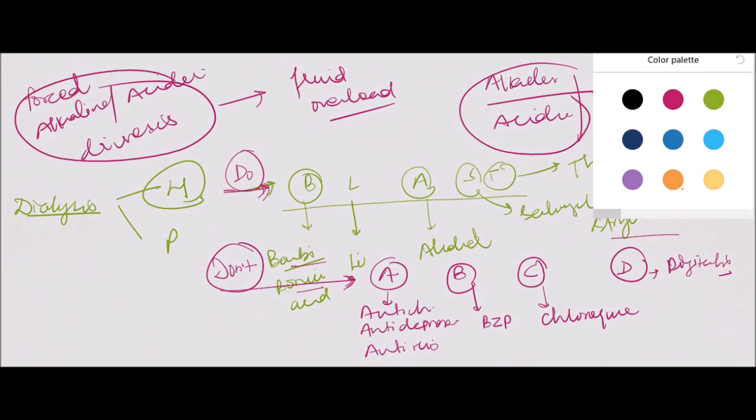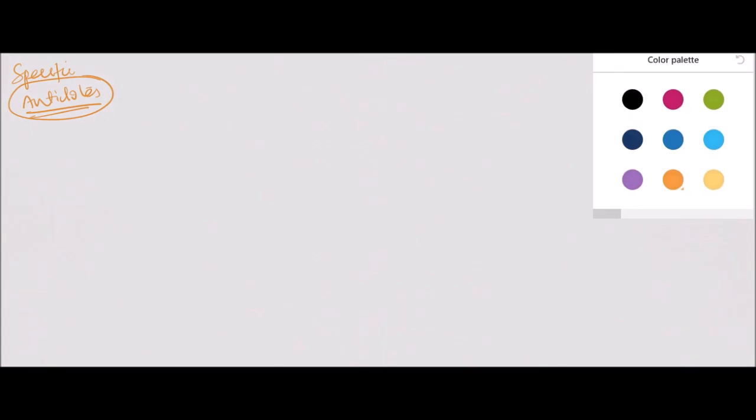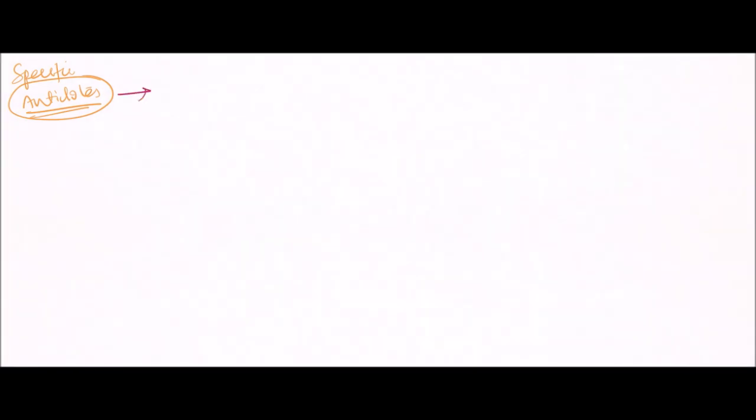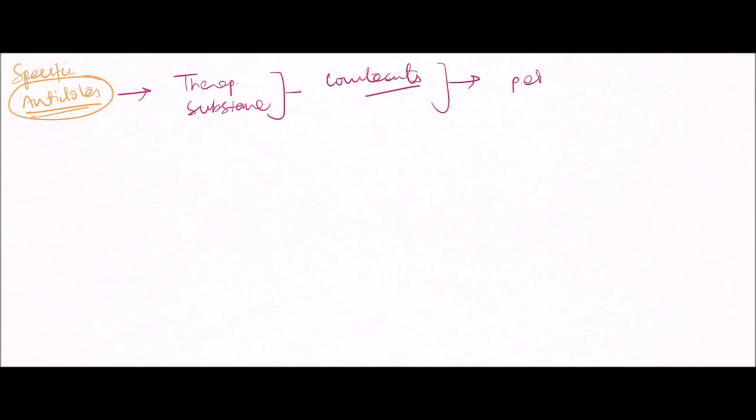Now, the use of specific antidotes. As we all know, the definition of an antidote is that it is a therapeutic substance that counteracts the effect of any poison.